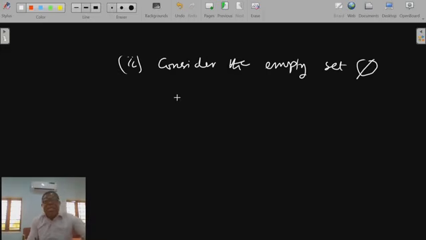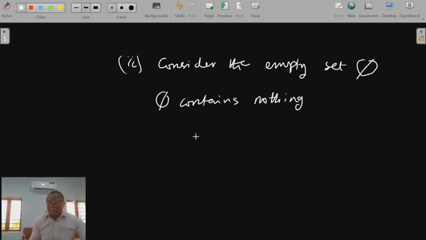But how would one say this? The empty set is a set that contains nothing. There's nothing in the empty set. In other words, the cardinality of the empty set is equal to 0.